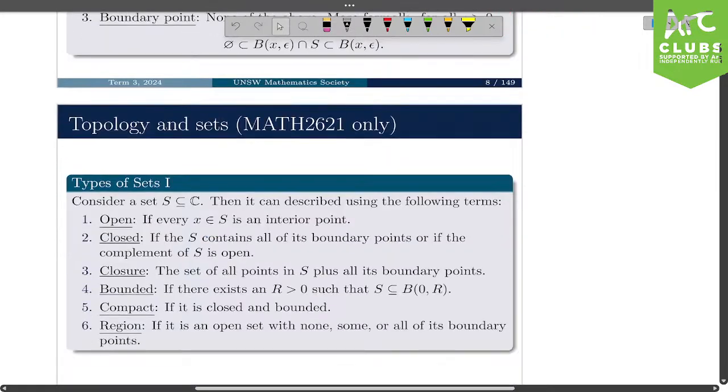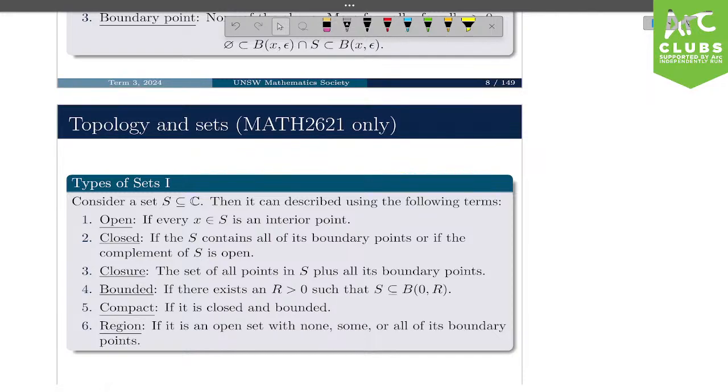And now we have a lot of definitions. For every point set, we have these definitions. The set is open if every point in S is an interior point. Visually, let's say we have our blob S here again.